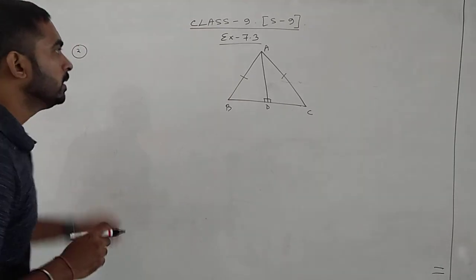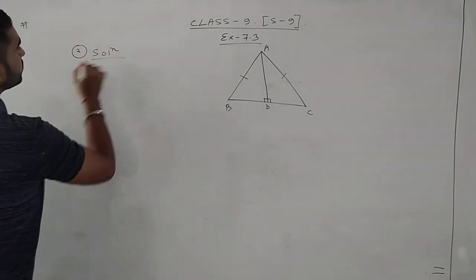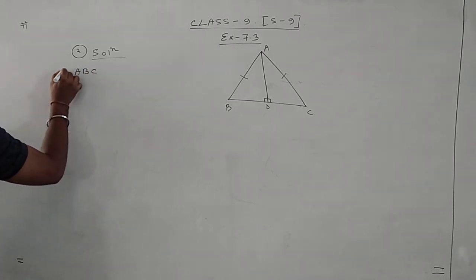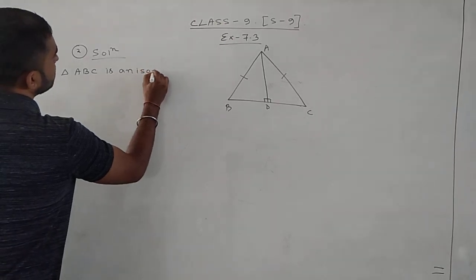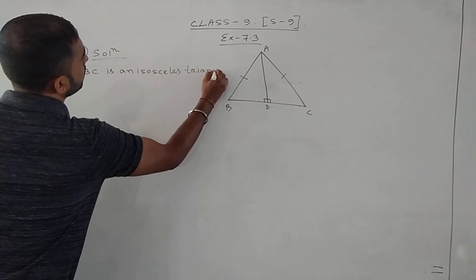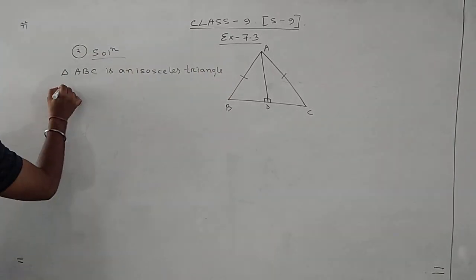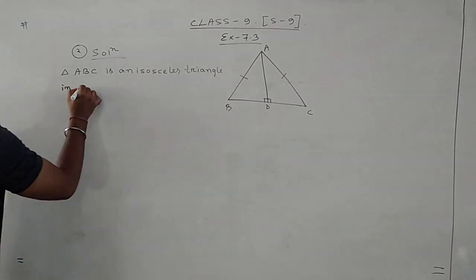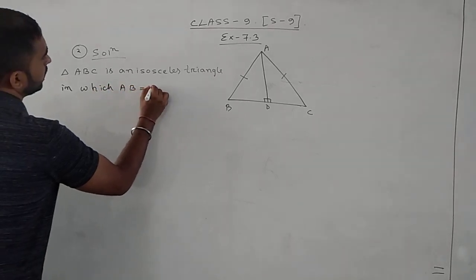Okay, now here, first of all, what is given? We write down the solution. Triangle ABC is an isosceles triangle in which AB equal AC.